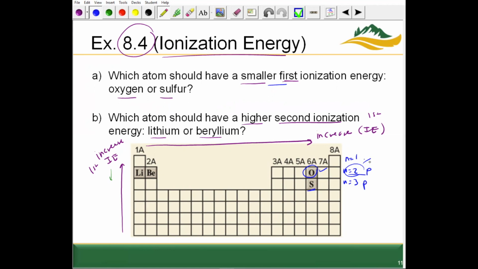The smaller the value for n, the closer those electrons are to the nucleus, the more energy needed to remove an electron. N equals 3, the electron is further from the nucleus, the easier it's going to be to remove an electron. So oxygen will have a higher first ionization energy, sulfur will have a lower first ionization energy.